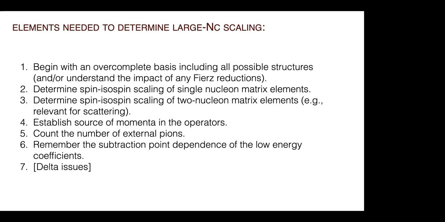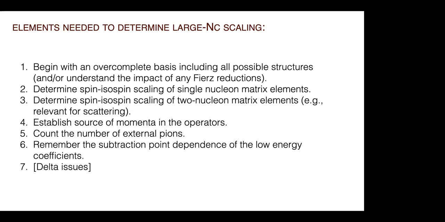Another important element is to figure out the source of the momentum in the operators. Typically you're going to have some derivatives in your operators or some momenta in your potential, and you need to understand from whence it comes, because that has an impact on how that momentum will scale with the number of colors.